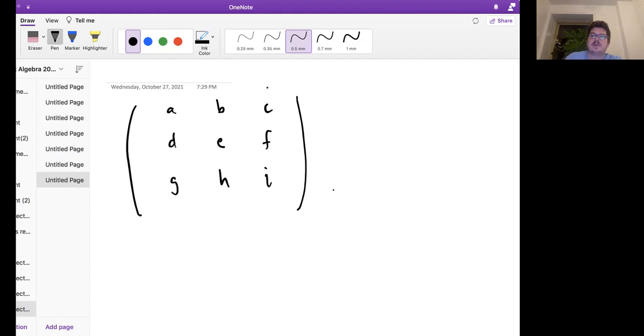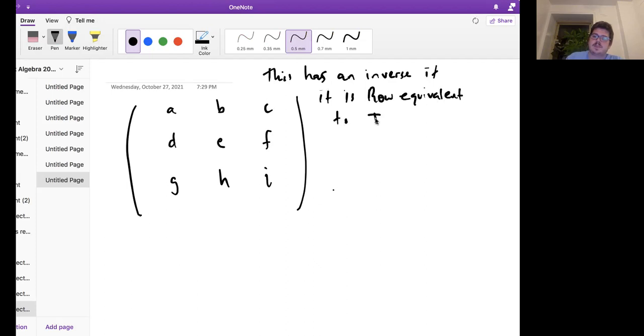Okay, so row equivalent. This has an inverse if it is row equivalent to identity.